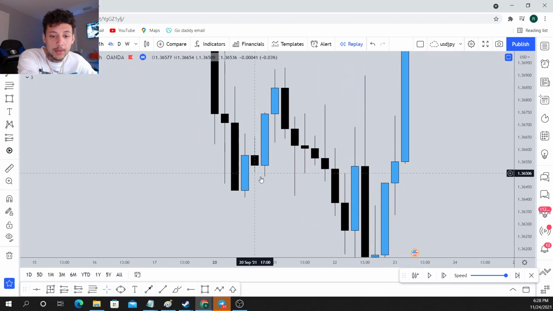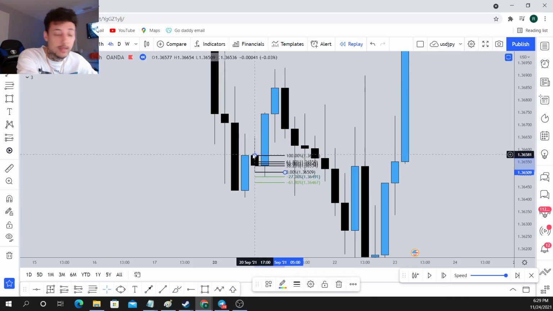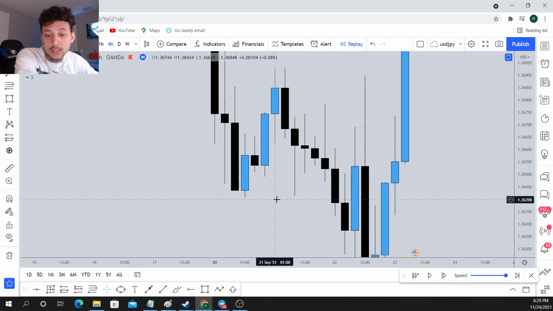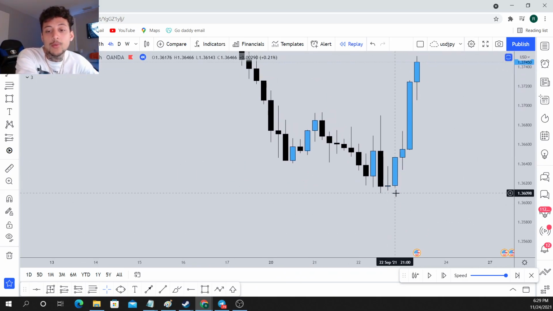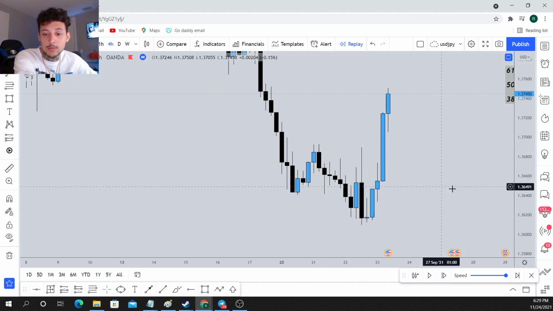Notice how it's not a very big candlestick, but it is a strong candlestick because it closed within the 38 or within the 50% of the candlestick itself. If we take a quick look at it, you can see that it closed within that area and it left a really small wick to the downside, meaning that it is a pretty strong candlestick as well. But in this situation, this is going to be a very weak candlestick.